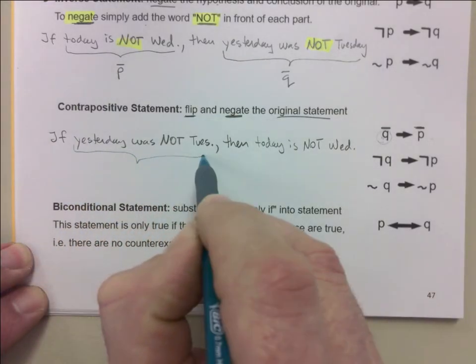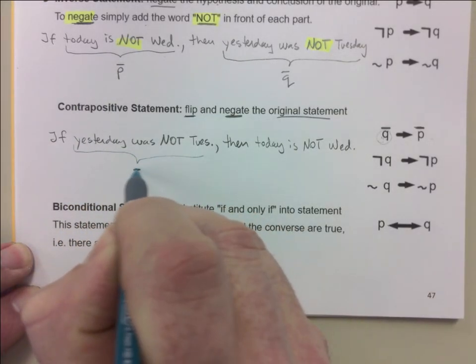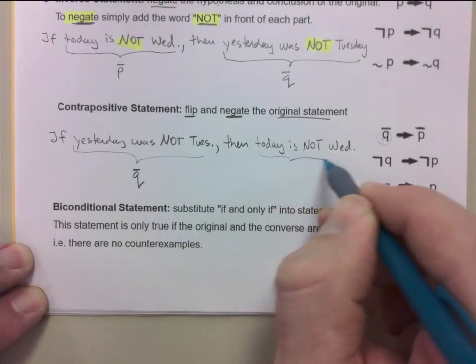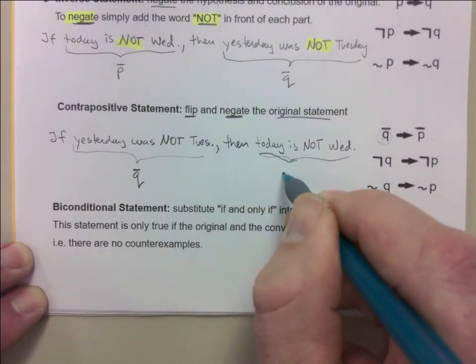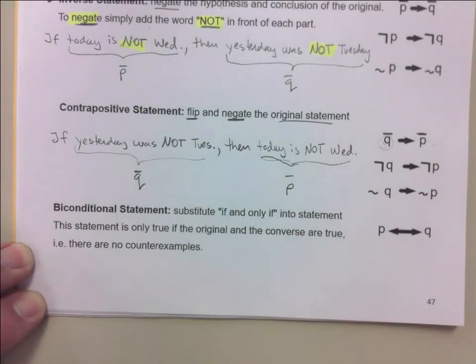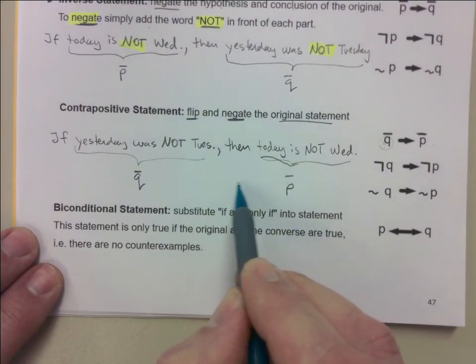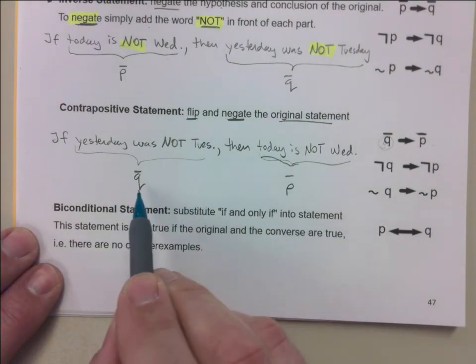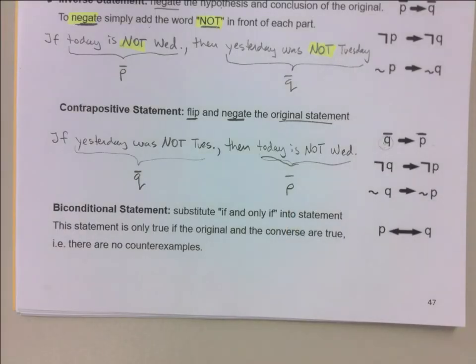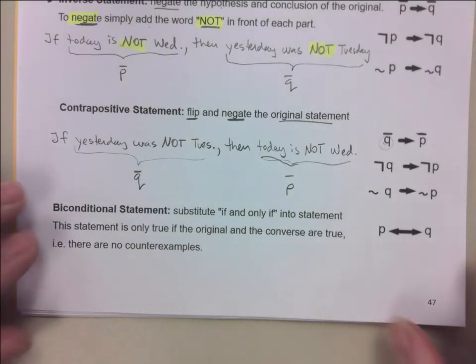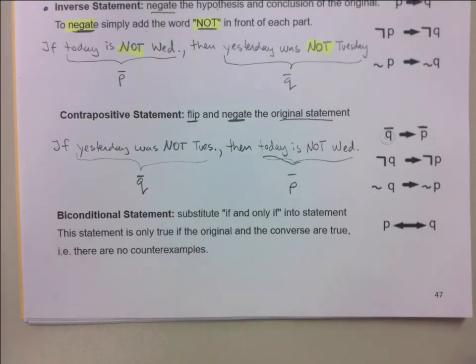So this part right here is not Q, and this one right here is not P. And of course, the then always has the arrow pointing from Q to P. And I'm not highlighting these because they're nots, so I don't want you to mix that up. You actually have to negate it.